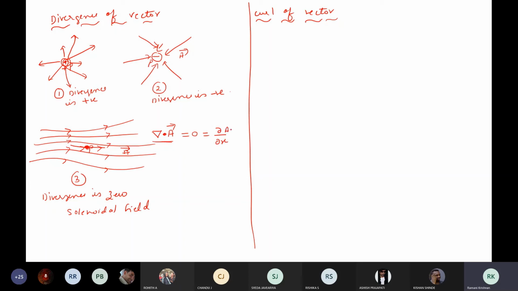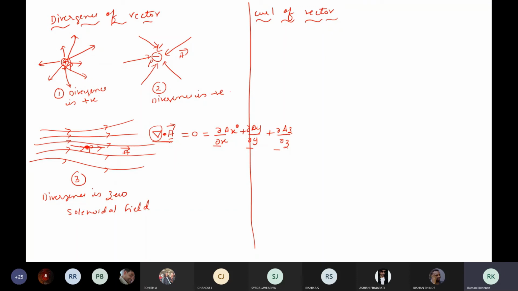This is dou AX by dou X plus dou AY by dou Y plus dou AZ by dou Z. This is how we represent it. Any doubt here? Del you know already. Del is this, and A is a vector with all the components x, y, z. So this is how we represent it.